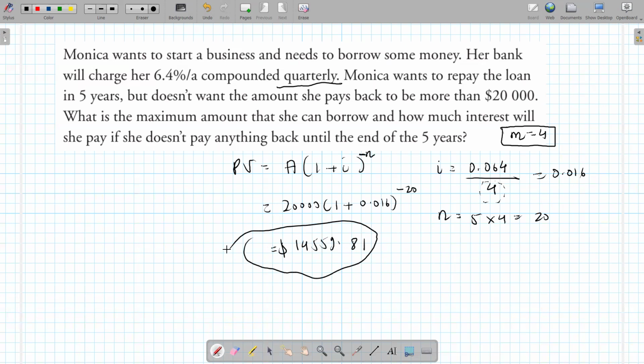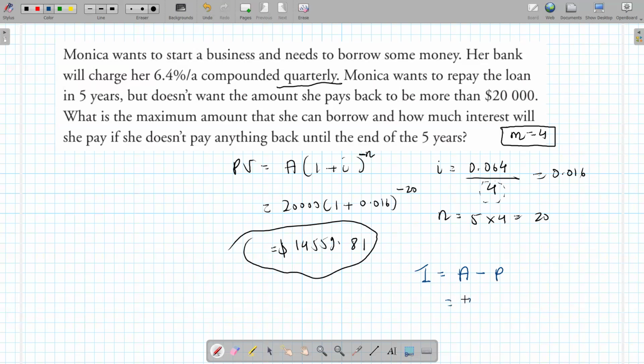The next question is, how much interest does she pay over the period of 5 years? How do we find the interest? You can just use the definition of interest. Interest is always the amount minus the principal. Your future value minus present value essentially is what it is.